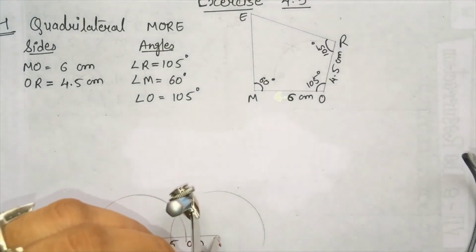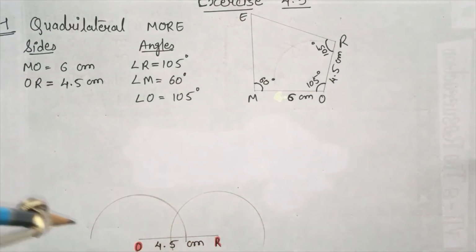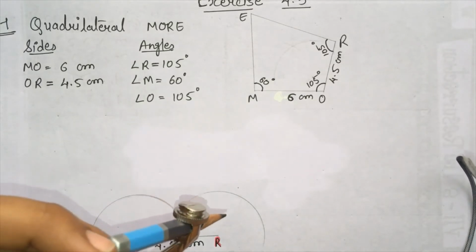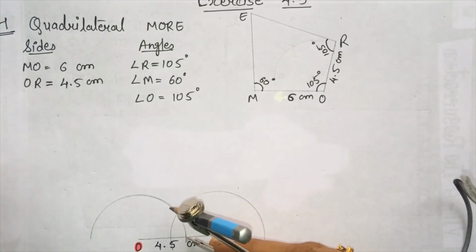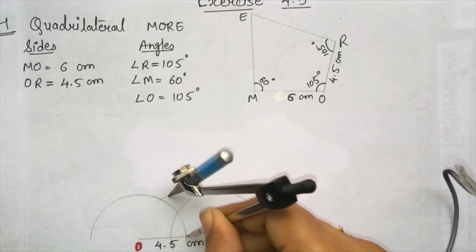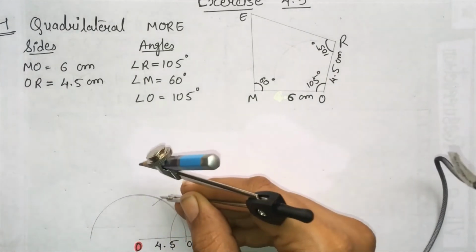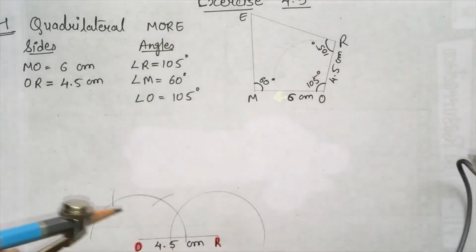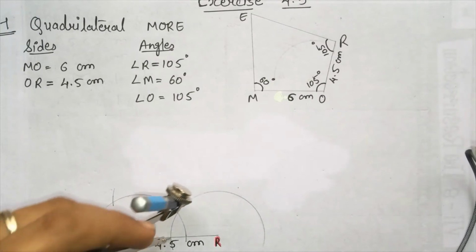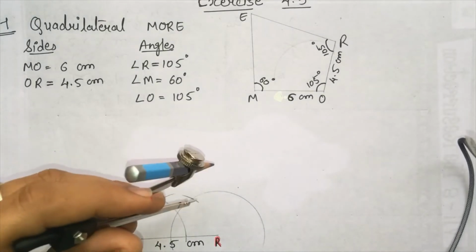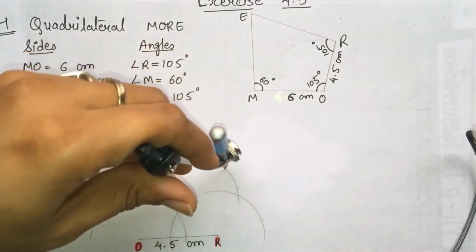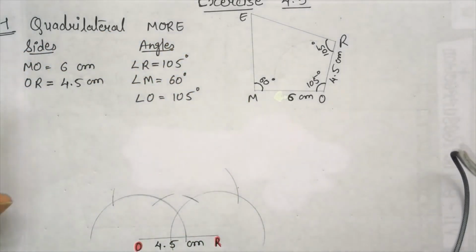See, both angles I am drawing simultaneously, so we will get both angles at a time. So this is the first step. Next step is from this first arc, again second one, same way this side, and one more. So this is done.